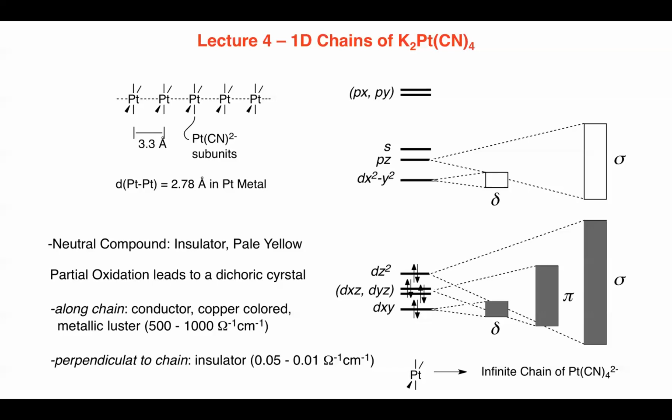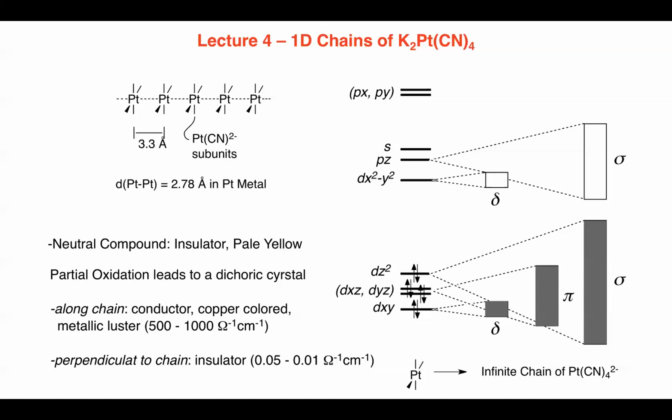So the z-axis here is going to be along the chain. What I've shown with the simple MO diagram here, all these different orbital levels, is the MO structure of just the individual tetracyanoplatinate fragments.